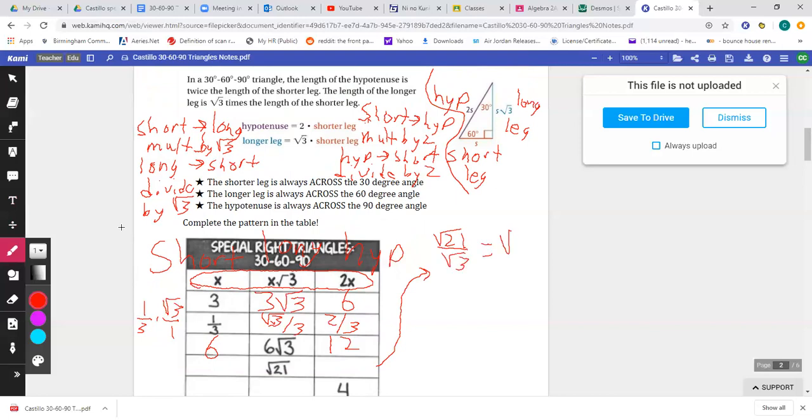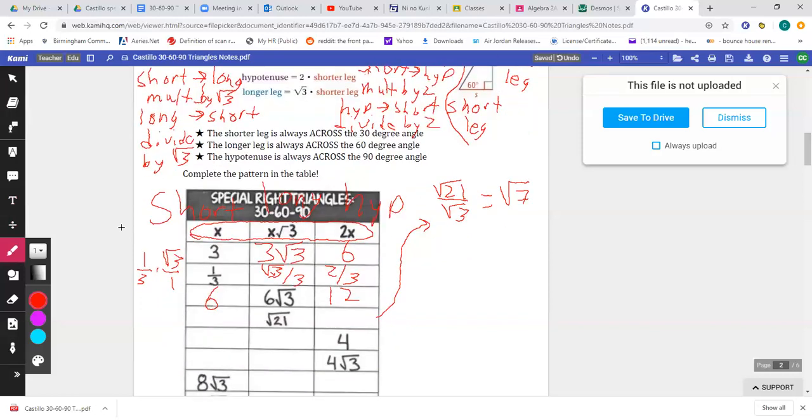And this would be √7. Okay? So this would be √7 here, because √7 times √3 would just be √21. Okay, and then this should be fairly easy here. If I have √7 and I multiply it by 2, remember the 2 is not in the root, so this would just be 2√7.